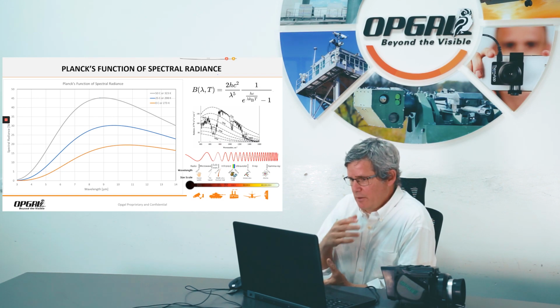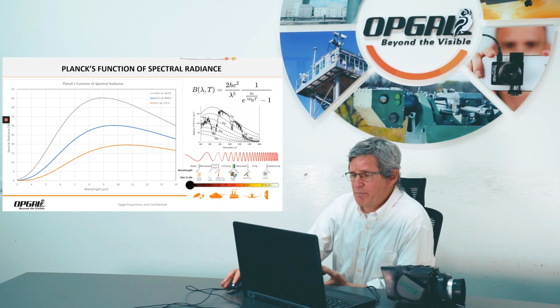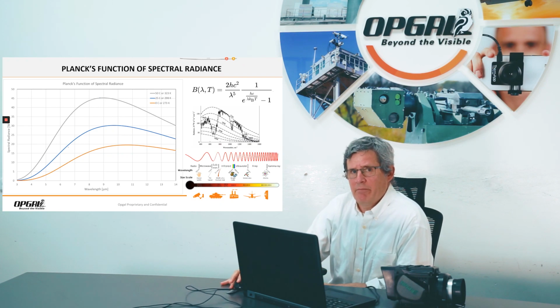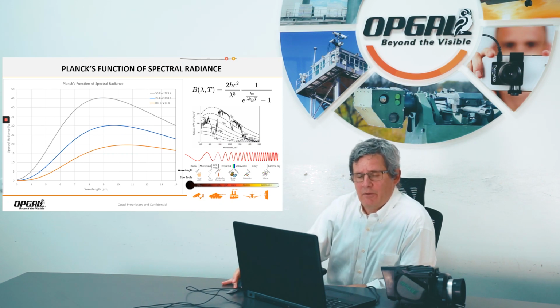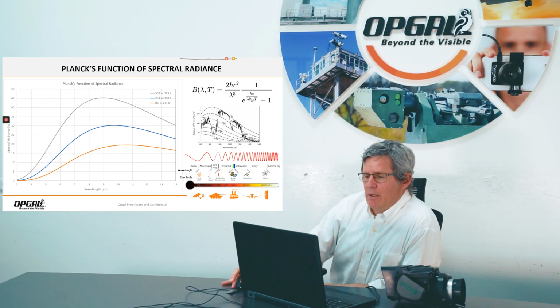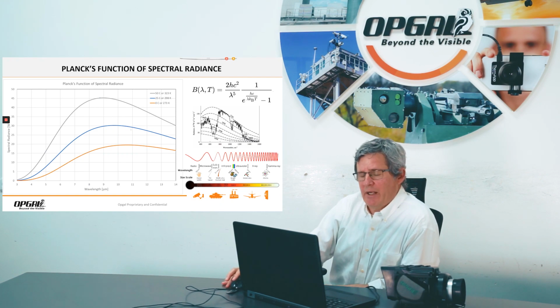And the spectrum of this graph, which I mean the spectral radiance intensity, or the energy as a function of wavelengths, is described by the Planck function. This is the equation. We can see that it's a function of the wavelength and the temperature and a bunch of Planck coefficients.